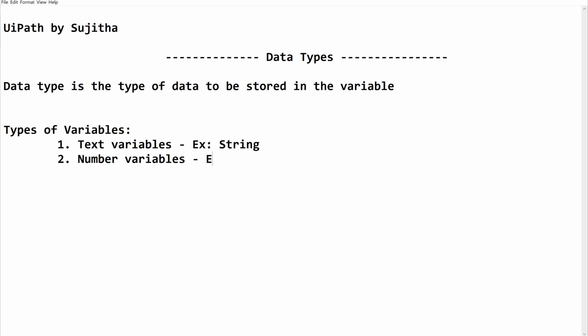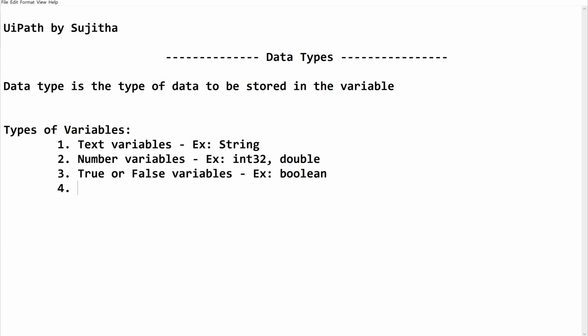For example, Int32, double, right? Next, true or false variable. That means variables will store boolean. That means true or false, only these two values.